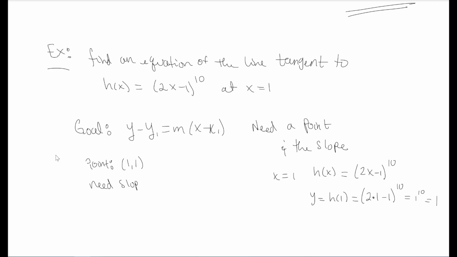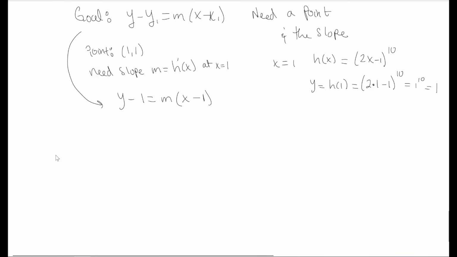So all we really need then is the slope. And remember that the slope is given by the derivative. So it's going to be h prime of x at x equals 1. But so far with the point, we have y minus y1, so y minus 1 equals m times x minus x1, which is 1 also. So we need the slope.